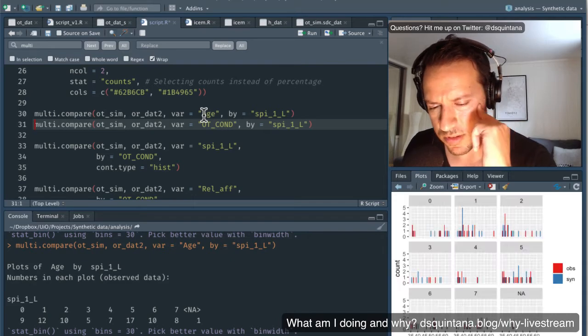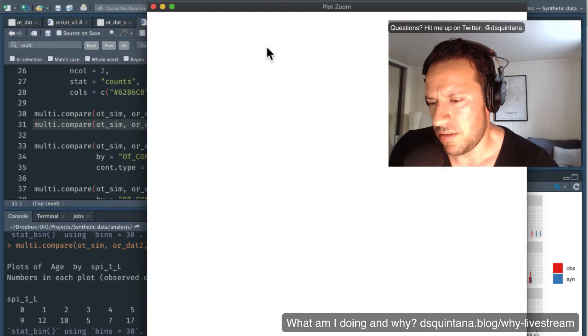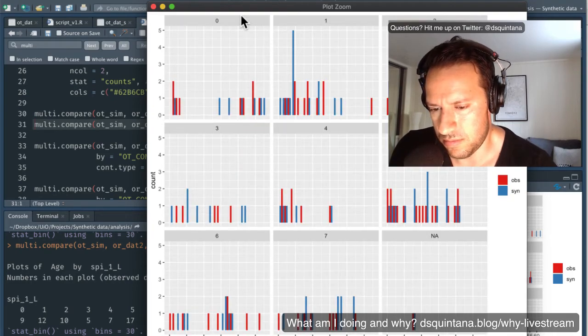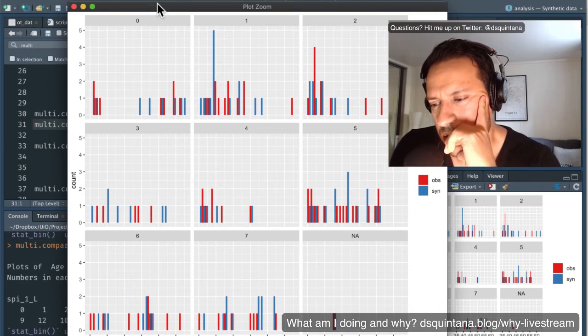What sort of plot does it give us? Okay, so the age distribution for every level of religious affiliation. What if I was to flip that?